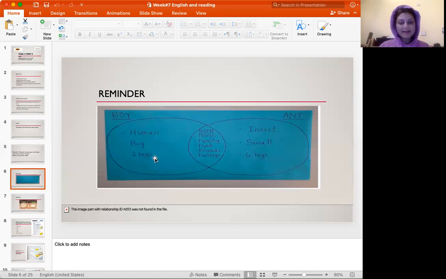A human has 2 legs, while an insect has 6 legs. In our story, the ant will have a home, family, food, and friends, and it will have feelings.